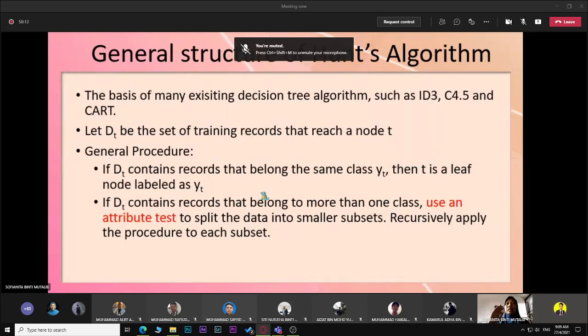If the records belong to the same class, the algorithm will create a termination node, or what we call the leaf. But if the records belong to more than one class, it will need to perform what we call the attribute test.